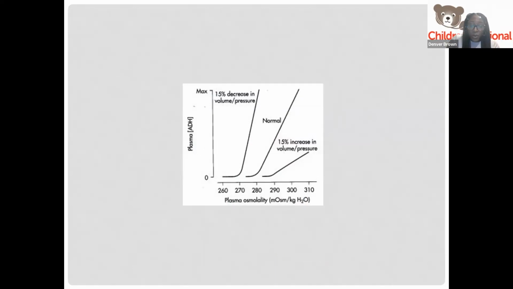But in states of low plasma osmolality, you don't want more water. However, what it shows here on the left is that if you have a significant decrease in your effective circulating volume, that's an even stronger driver for ADH release. So that's why you may see ADH release and water retention even when your plasma osmolality is low.